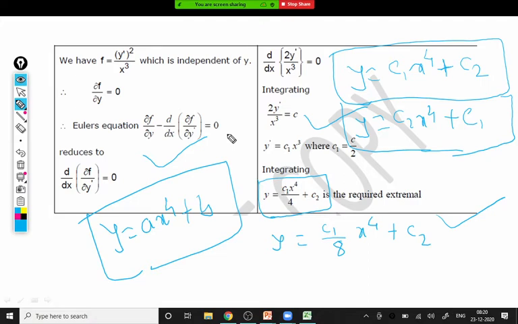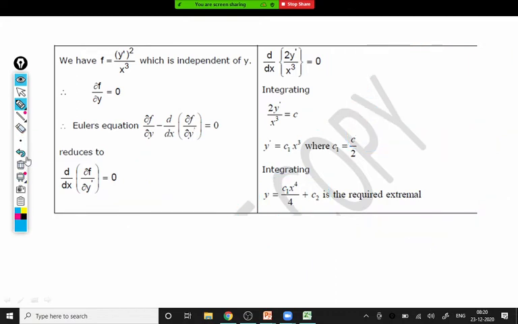No, sir. Okay. Sir, why are limits given here? The limits are actually general points that were given. We calculate the curve passing through the general points x1 y1 and x2 y2, and because of that we get the answer in two arbitrary constants c1 and c2.